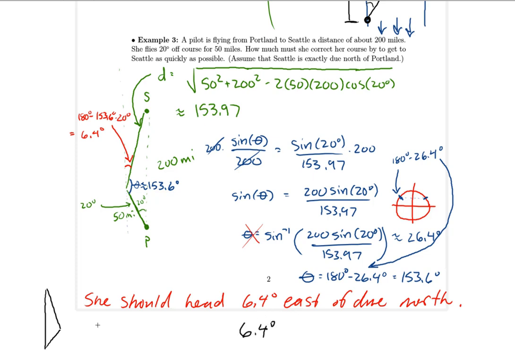You would say she should head 6.4 degrees, but her correction would be to the west. So you would say west of due north. And obviously if you're answering a question that was kind of ambiguous, I would accept either one of those as good answers.